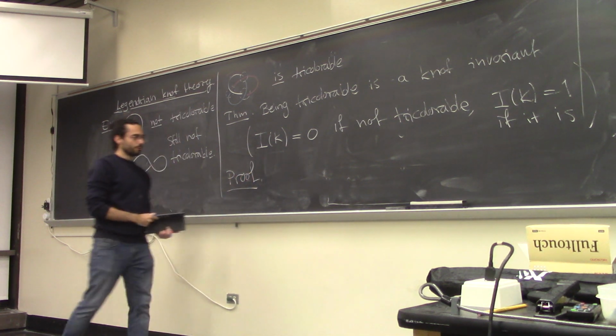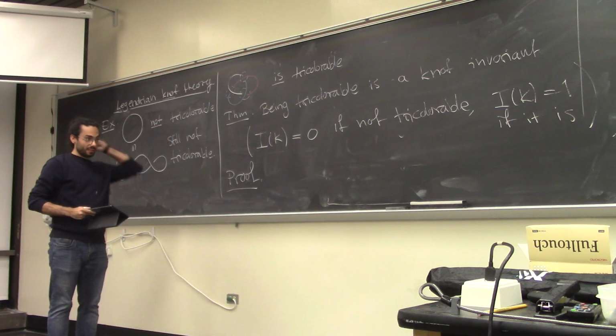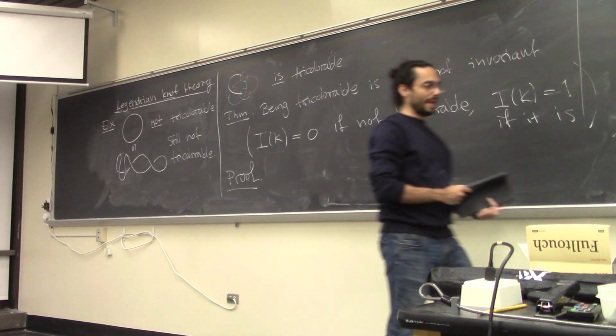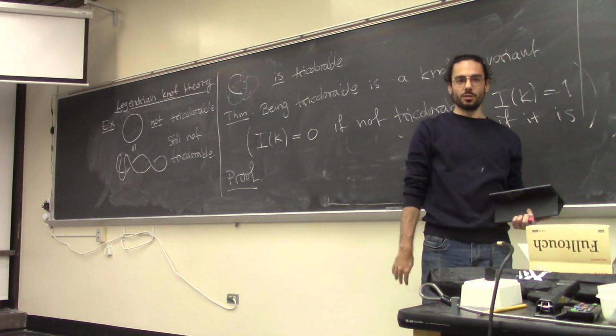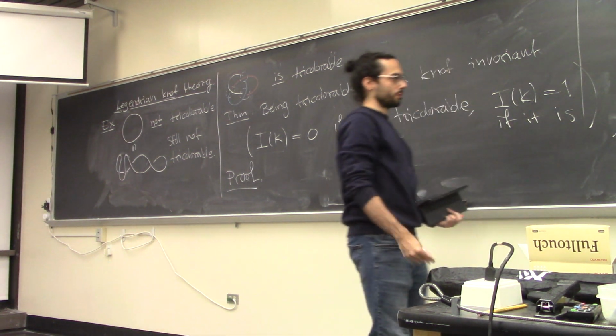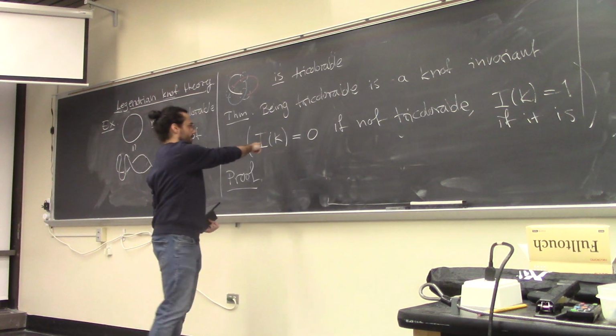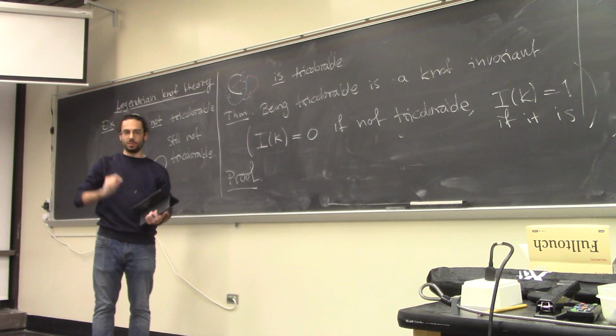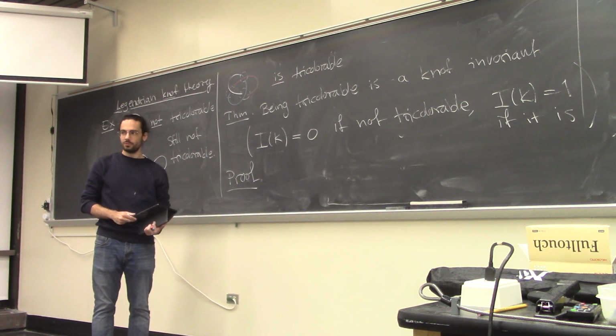And here's the proof. Because we define two knots to be equivalent if they are related by these Reidemeister moves that I showed you, it is enough to show that the property of being tricolorable is preserved whenever we do one of these or each of these moves.